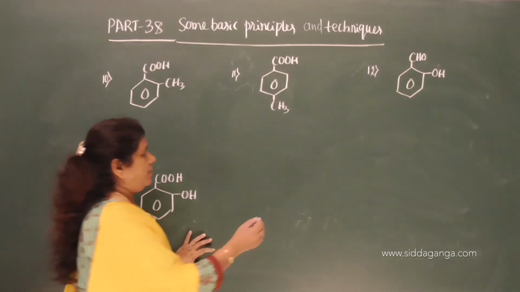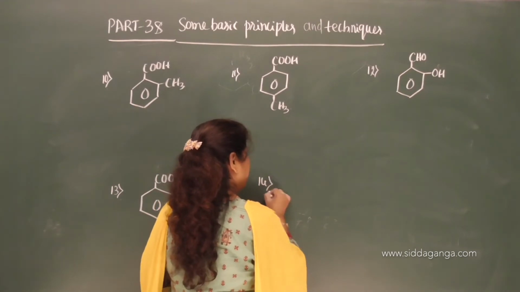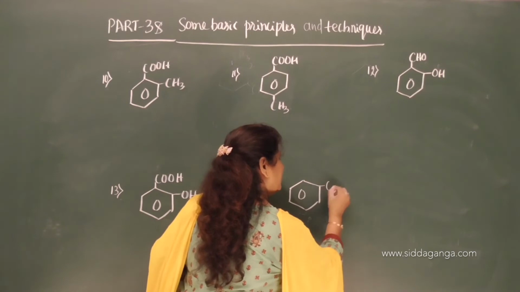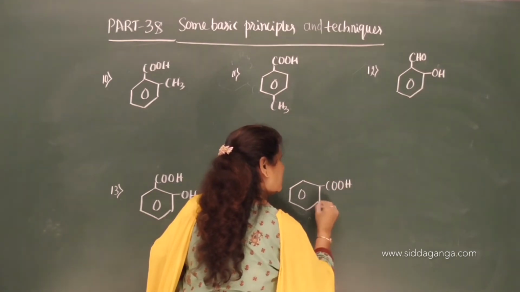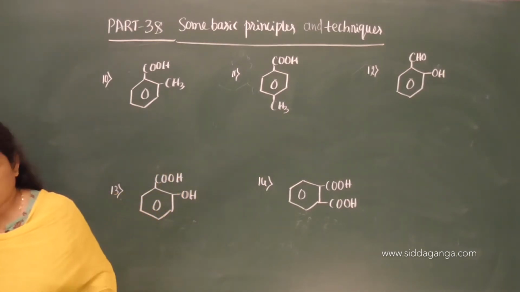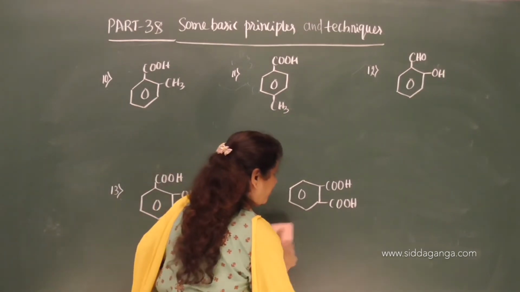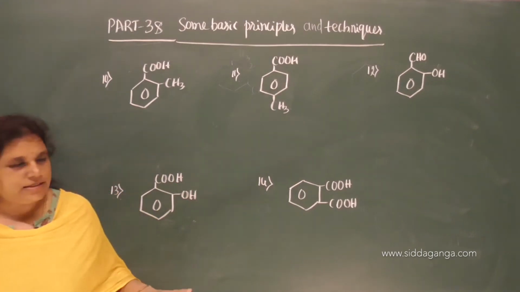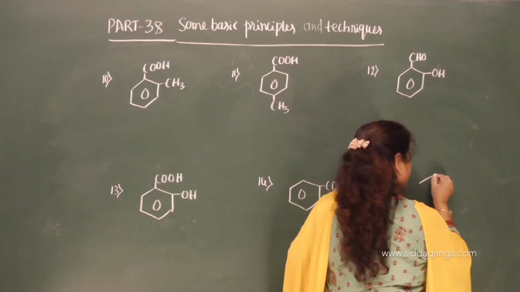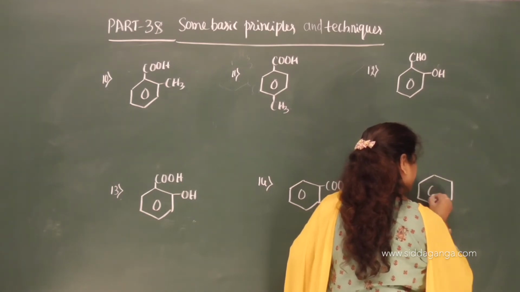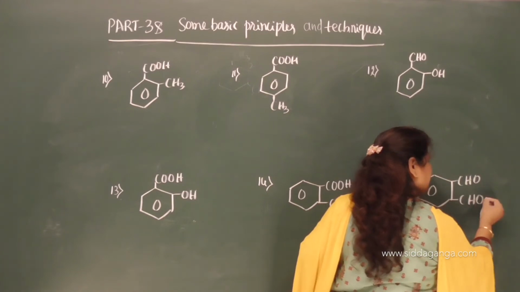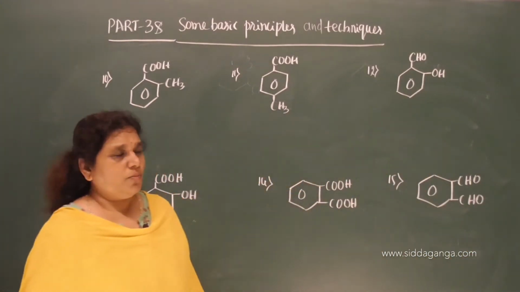Then the 14th, COOH, so two acid groups, and the 15th, two CHO groups, CHO, that is on the ortho position.